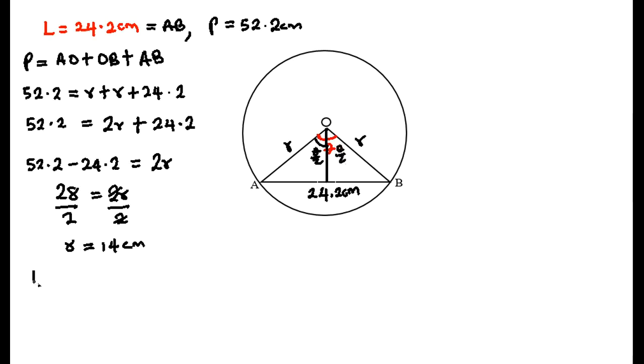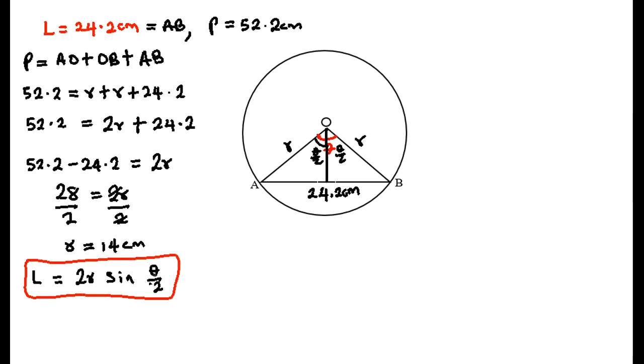So the length of the chord is equal to, as we know, the formula is 2R sine theta over 2. That's the formula for the length of a chord. So how can it play a vital role here? We are asked to get theta.